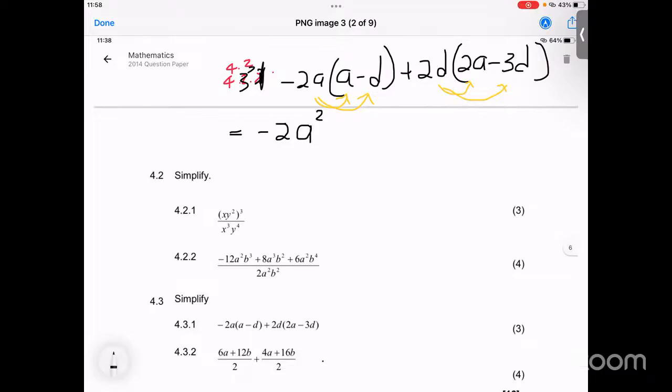And then here you are having -2a that you multiplied by -d. So that means you will therefore have plus 2, then ad. Alphabetically, a comes first. That's why you say a and then d next. But remember, in terms of the signs, you are having a negative multiplying a negative, which makes it a positive.